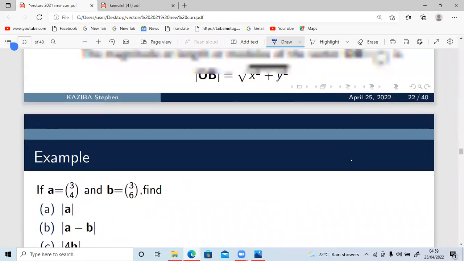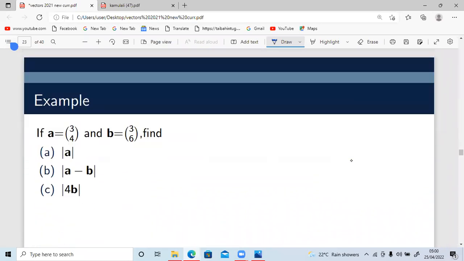Okay. Can everyone do part A first? Okay, let's start with part A. Five. Some people are getting 5. What about the rest? Type in the chat.